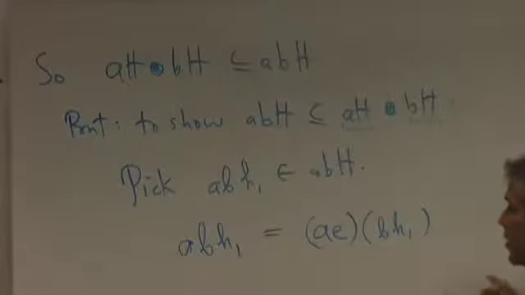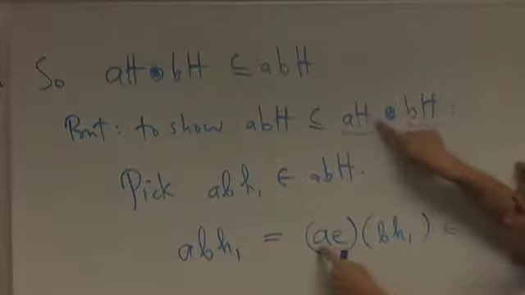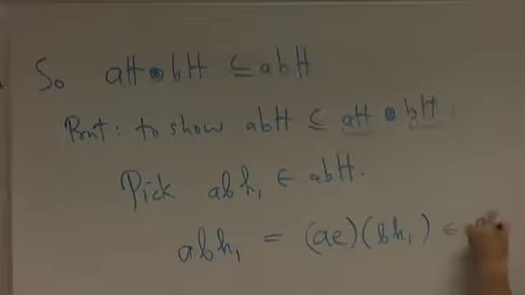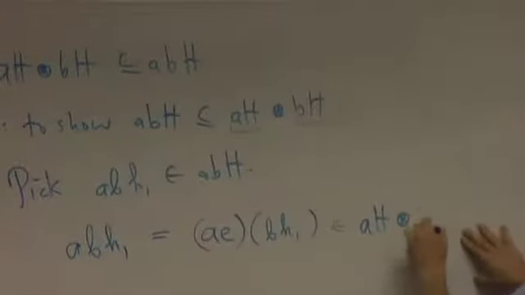Oh, but wait a minute, this is in AH. Why? Because it looks like A times something in H. How do I know the identity's in H? Because H is a subgroup. It contains the identity element. So this is in AH, and I've combined it with something that's in BH. So check.